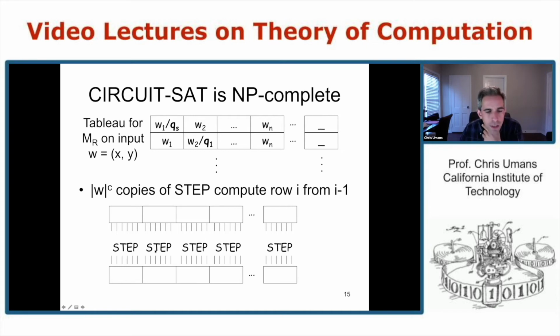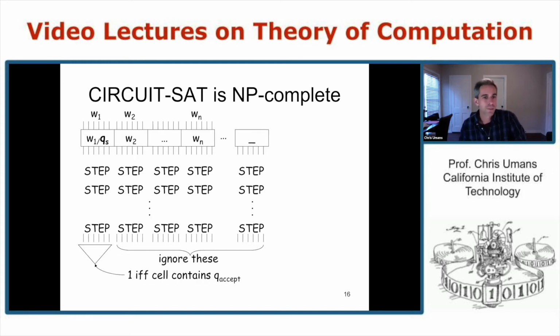In the interest of making the picture a little bit cleaner, I didn't draw all the connections here, but I think you can probably see this step function here has inputs which come from this cell and this cell. This step function has inputs that come from this cell, this cell, this cell, and so on. And you have to do a little extra work at the end of the line here, because this depends only on the two above it. Okay, so now you've got a way of producing a Boolean circuit that computes the next row of the tableau from the previous one.